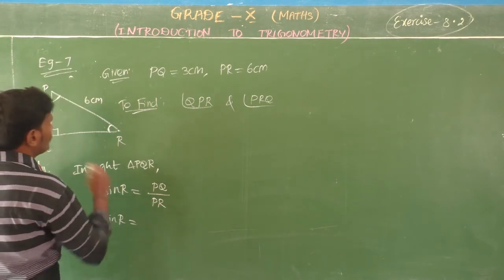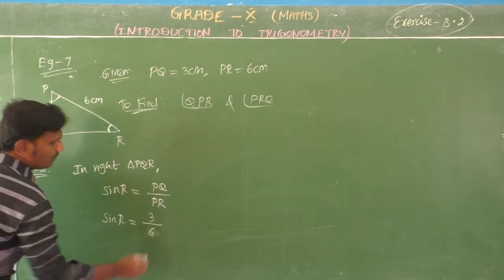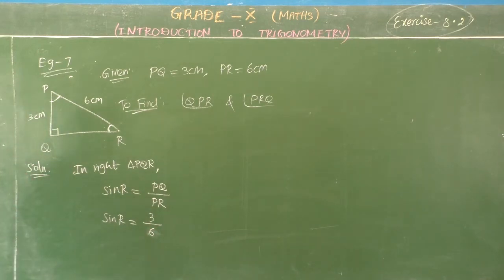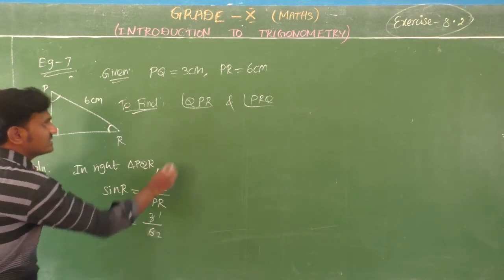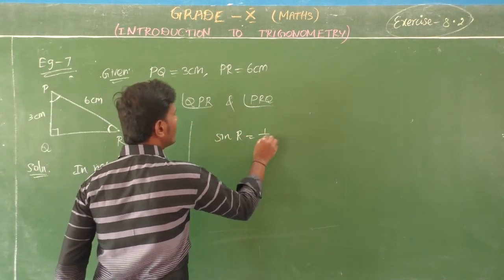PQ you have 3 and PR you have 6. Now simplify: 1 3s are 3, 2 3s are 6. Now sin R is equal to 1 by 2.